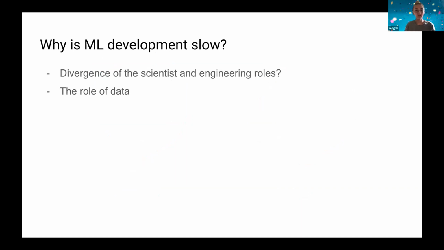One of the theories is that because we have these different roles of the data scientist and then the engineer, those roles are very different. The data scientist has a more mathematical and more scientific approach, perhaps, to programming, whereas the engineers have a more thorough grasp of these engineering best practices and, for example, are very familiar with the DevOps practices such as version control or tests and stuff like that.